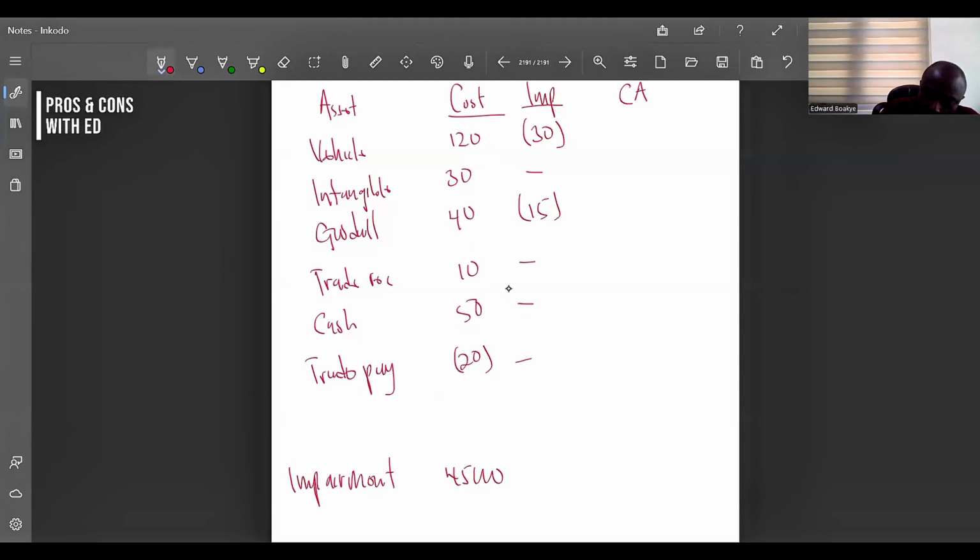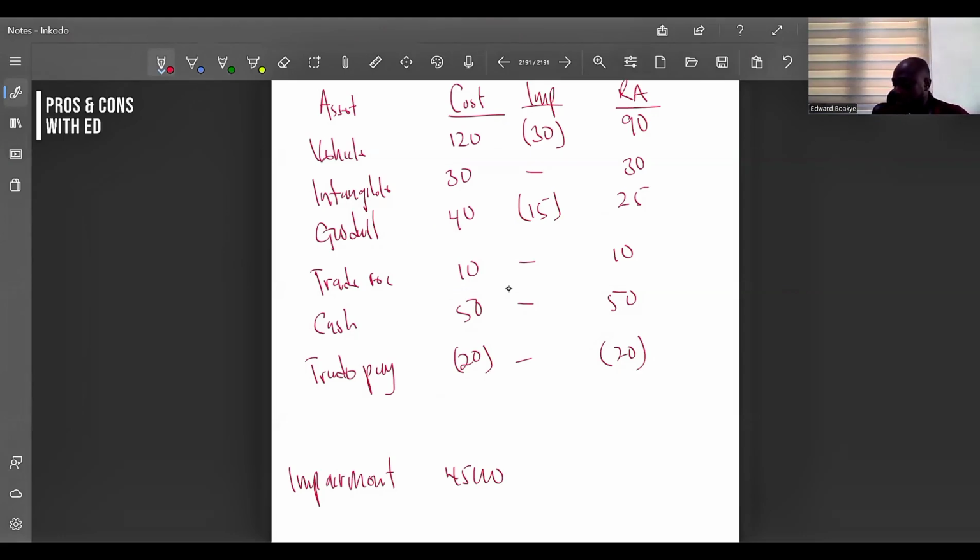So the recoverable amount will now be 90 plus 30 plus 25 plus 10 plus 50, and then we less our 20. So this is how our recoverable amount is going to be.